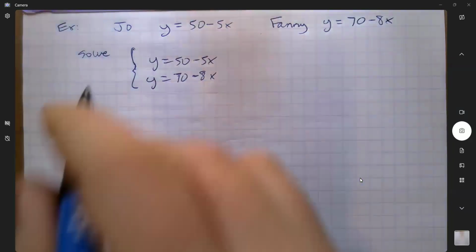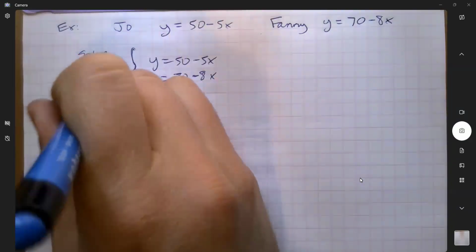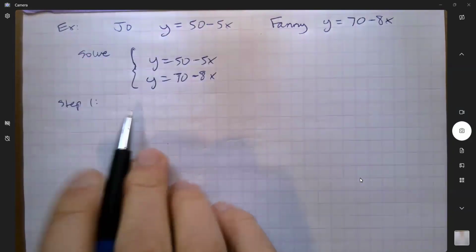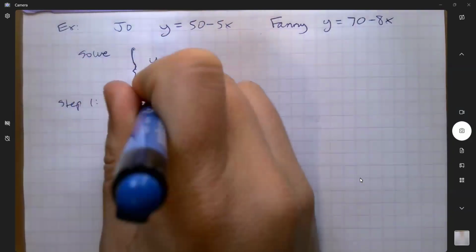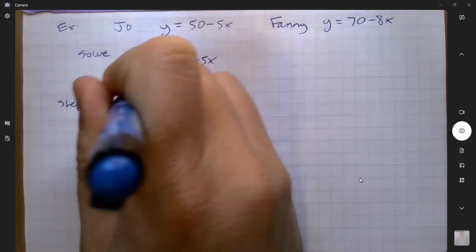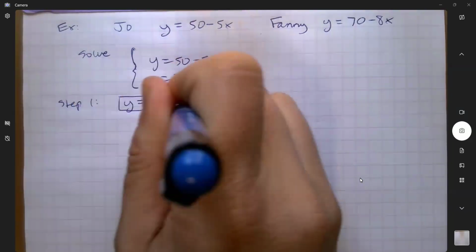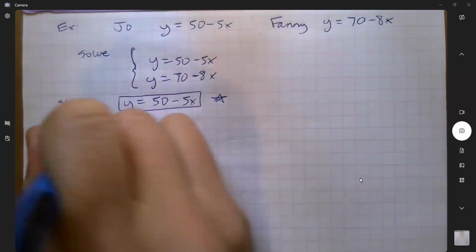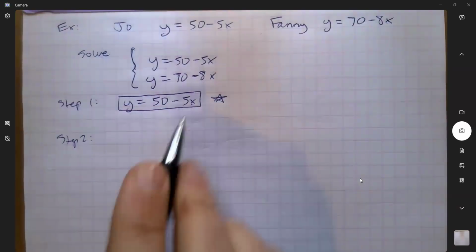And notice that in step 1, which asks us to pick an equation and solve it for one of the variables, both of my equations are actually solved for one of those variables. So I can pick either one and it's already my starred equation. Step 2 will be to substitute this into my other equation.